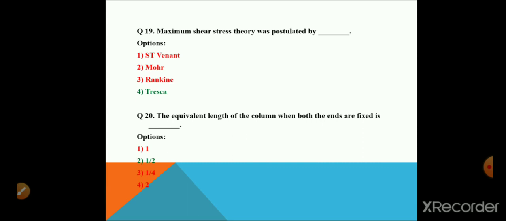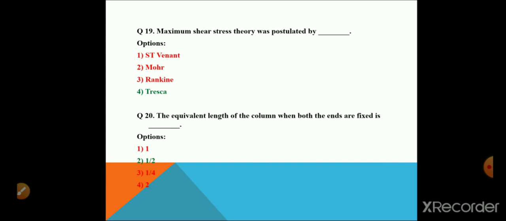Rankine is known for the maximum principal stress theory, which is always used for brittle material. Saint-Venant is also one of the theories of failure, but Mohr's theory is not a theory of failure, it is actually a deflection theory. So the correct option here is option number 4.